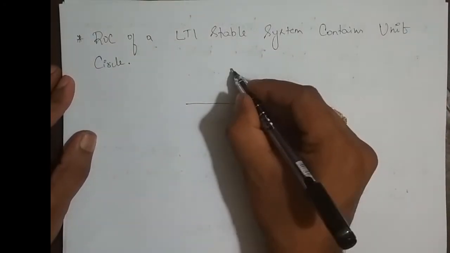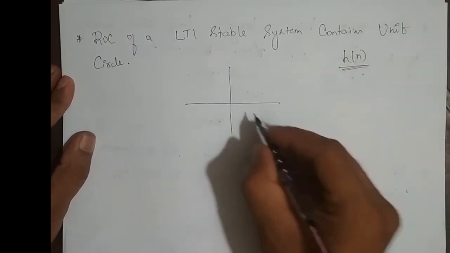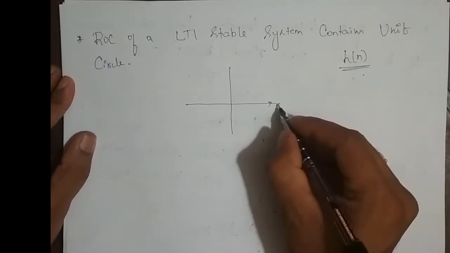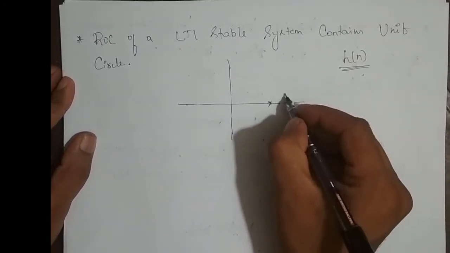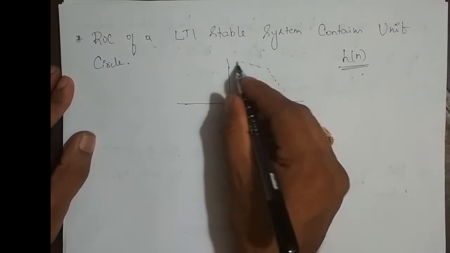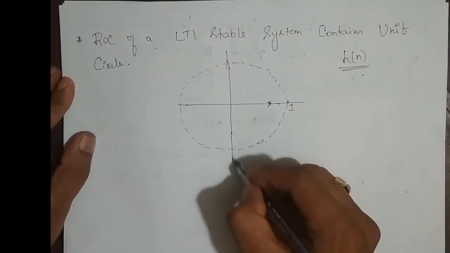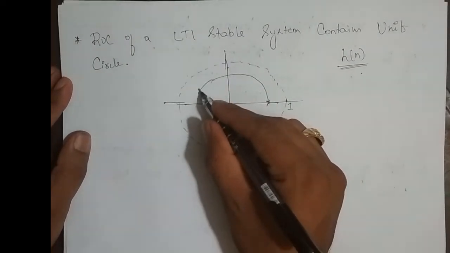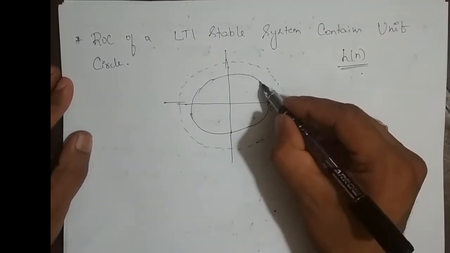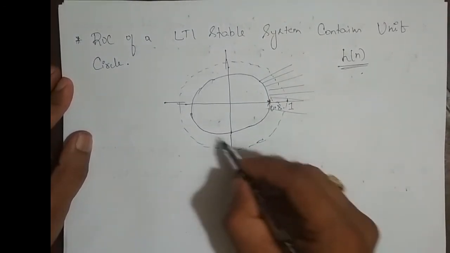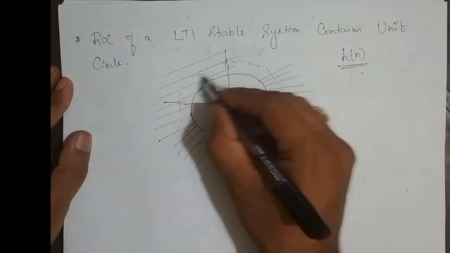In the sense, if you have a system with the impulse response h of n, corresponding to this system there will be a pole, and if this pole is inside the unit circle, for example, if this is my unit circle, and this is the circle corresponding to the system, say 0.8, and the ROC of this system, if the sequence is right-sided, it will be outside, no?